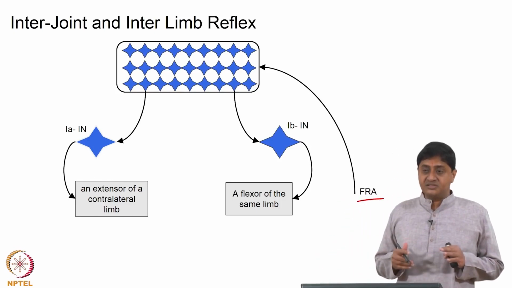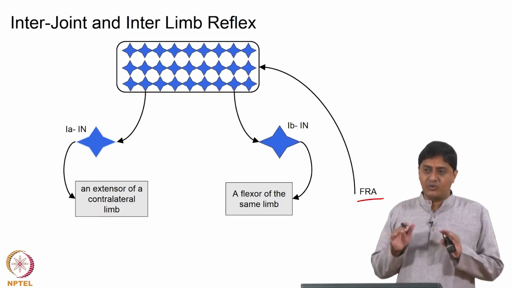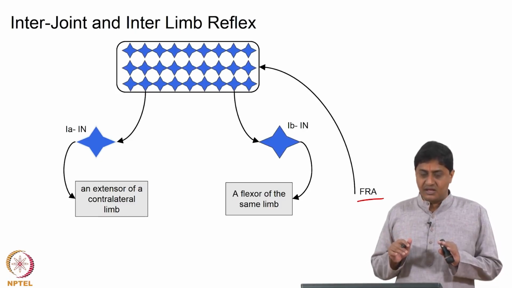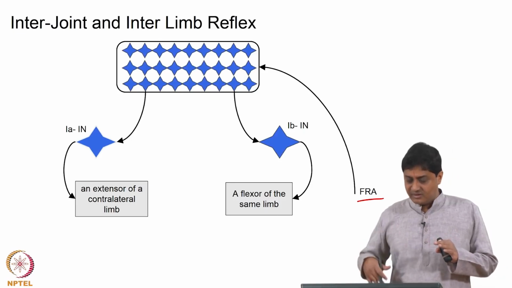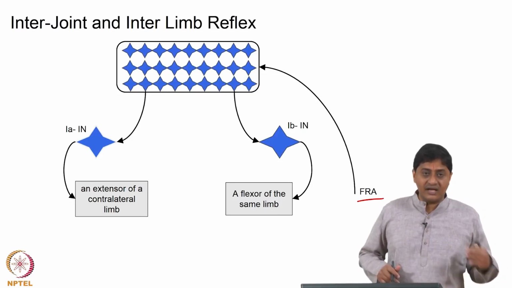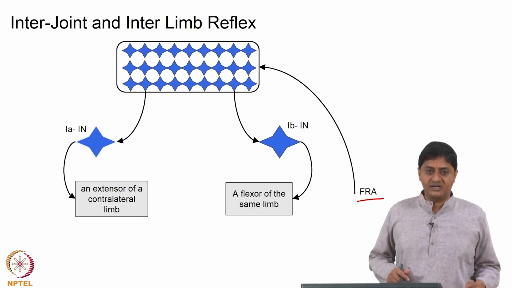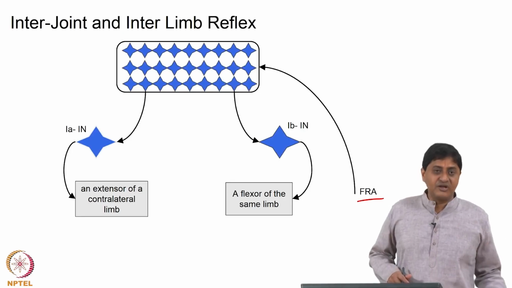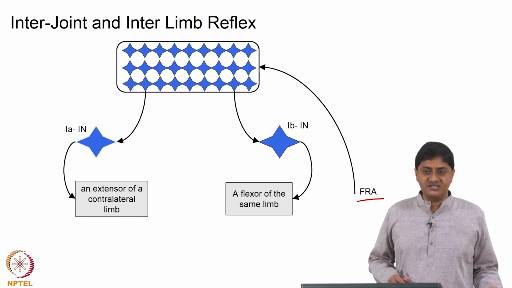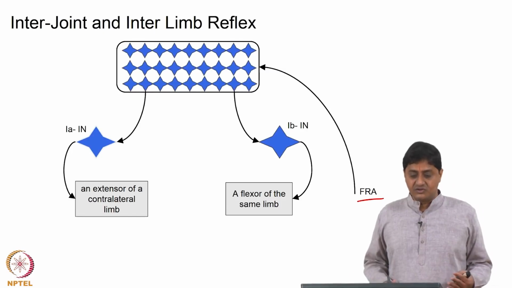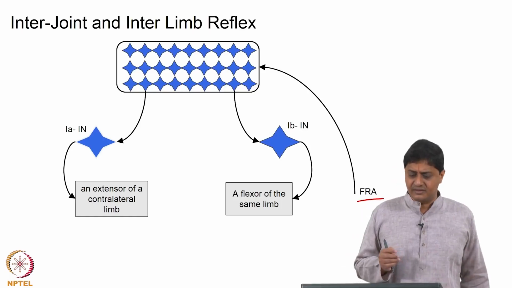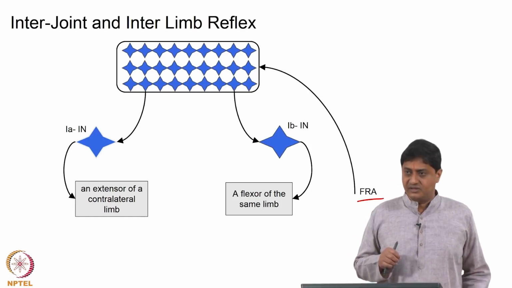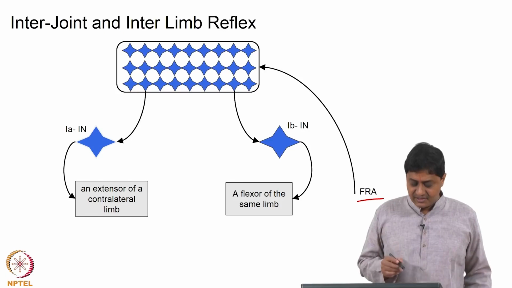Now that means there is an interlimb coordination in this case, and usually, if this limb is withdrawn, the other limb will extend. If the left limb is flexed, then the right limb will extend. So there is this reciprocal innervation in some sense.